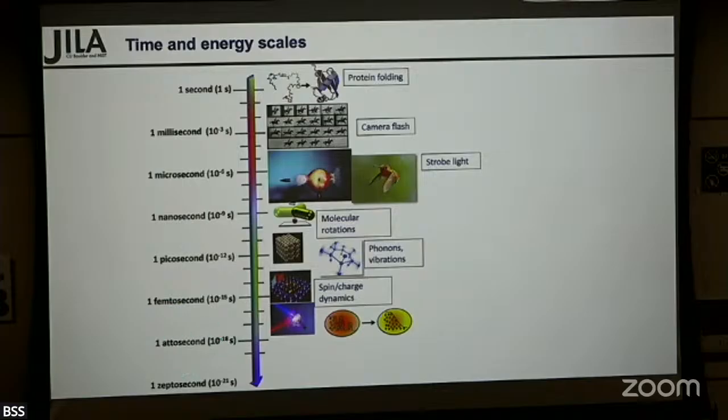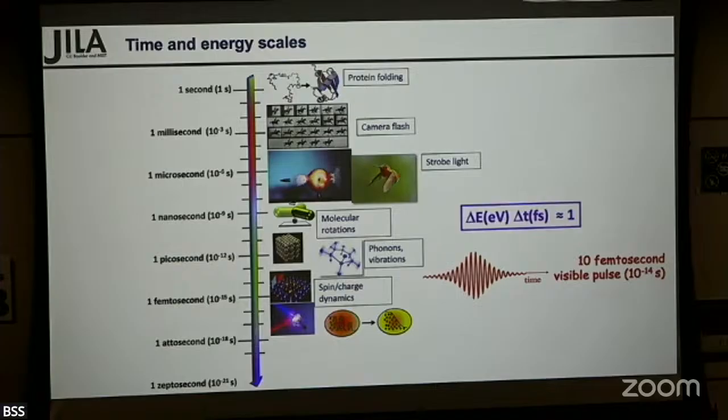Now, one thing to reinforce that point: it's not simply making a pulse shorter. If you ask what bandwidth you need to support a certain pulse duration, we can use the uncertainty principle.